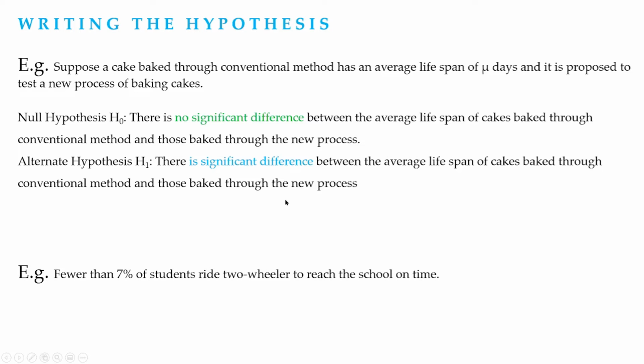If the lifespan of the cakes baked through the new process is, let us say, mu1, then the null hypothesis H0 will be mu equal to mu1, and the alternative hypothesis H1 will be mu not equal to mu1. So this is basically the null hypothesis and alternative hypothesis.